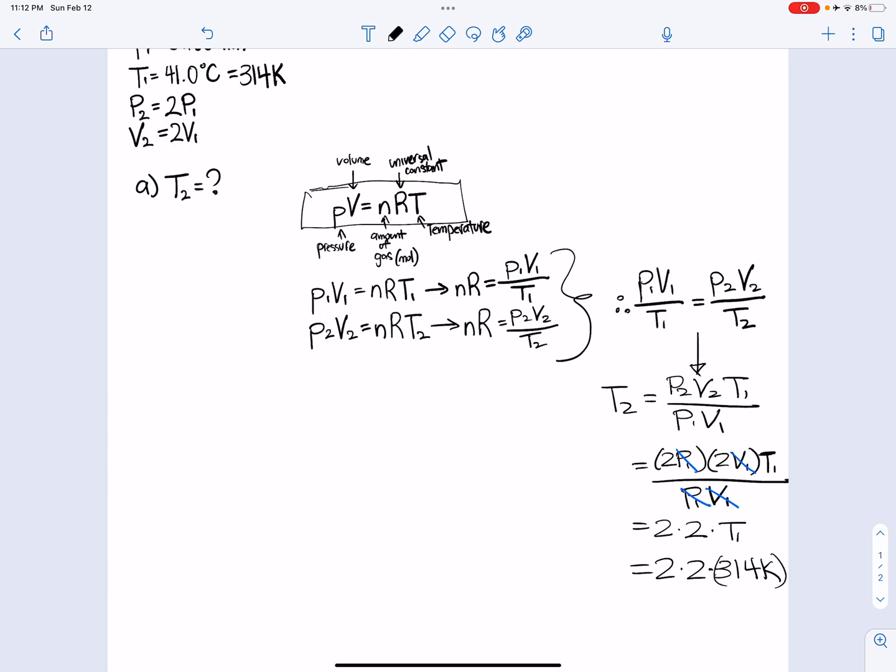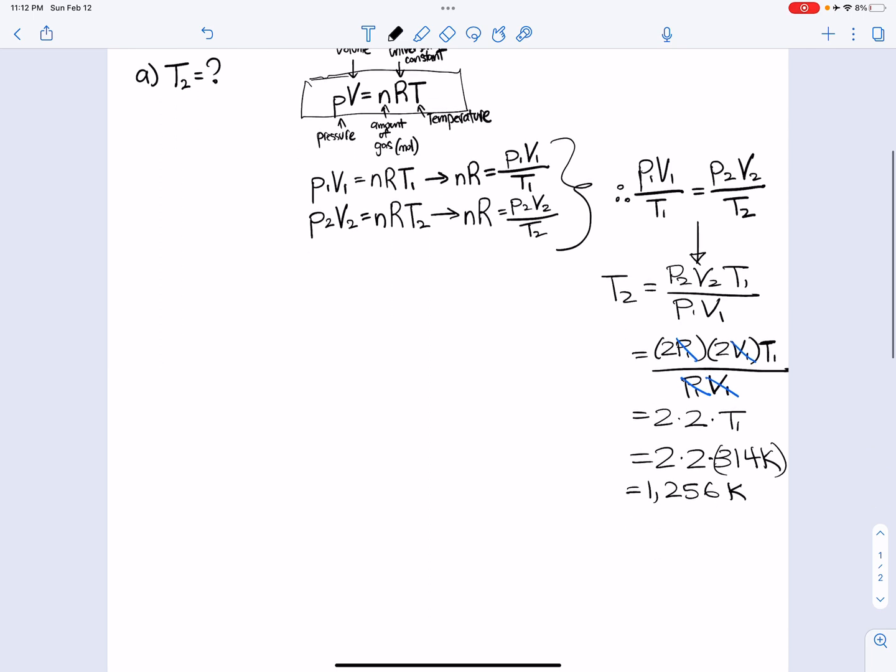And that is equal to 1,256 Kelvin. Or in Celsius, if I subtract 273, I would get T2 is equal to 983 degrees Celsius. So that is the answer for part A.